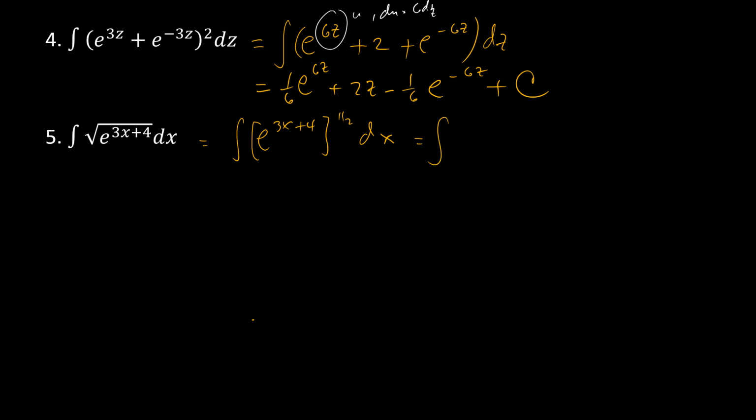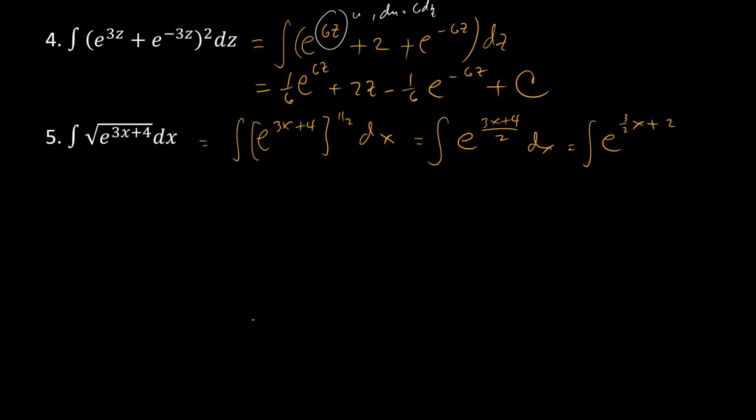And using the rule for powers, the power of a power, that will be equivalent to e raised to 3x plus 4 all over 2 dx, or e raised to 3/2 x plus 4 over 2, or 2.